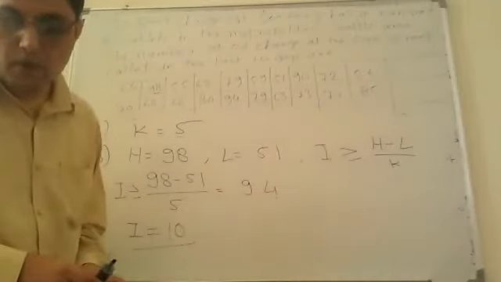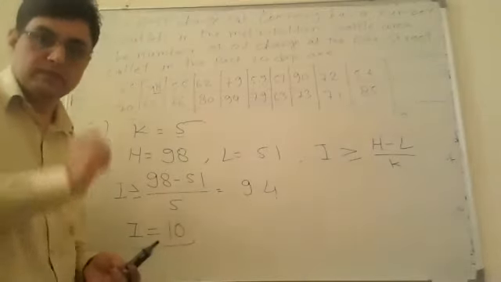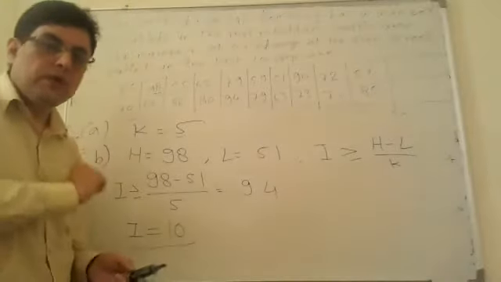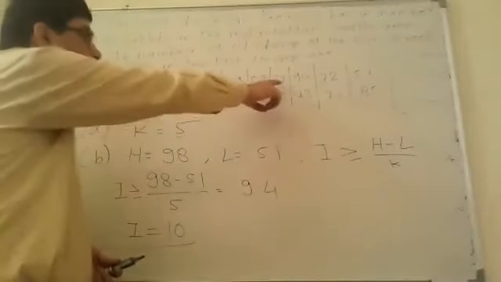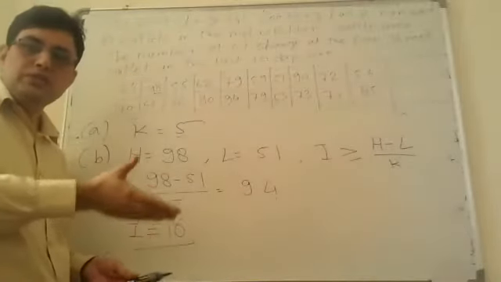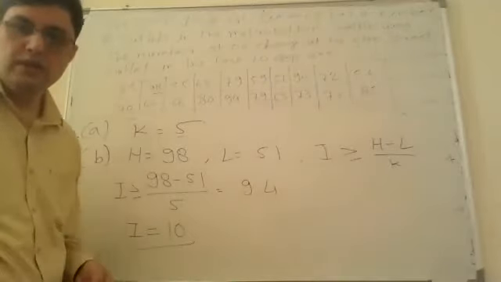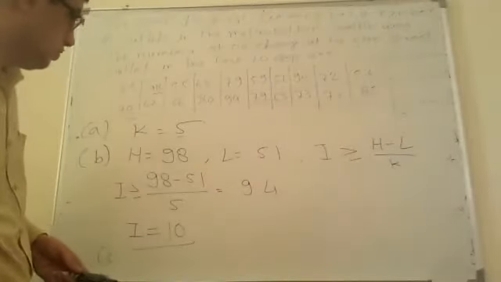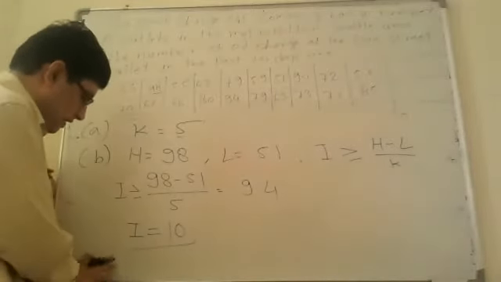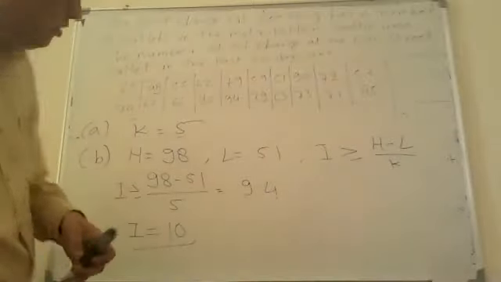The third point, what lower limit would you suggest for the first class? This is 51, the lowest value. You just take 50 as the least value. You can choose the classes like that, because you already decided.